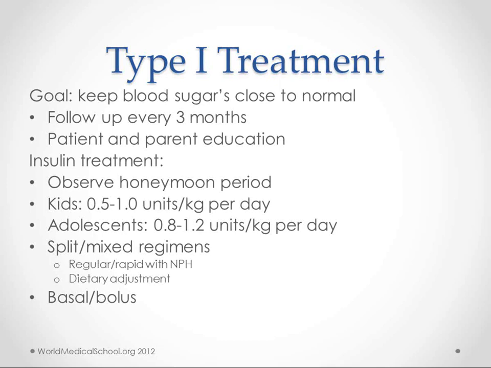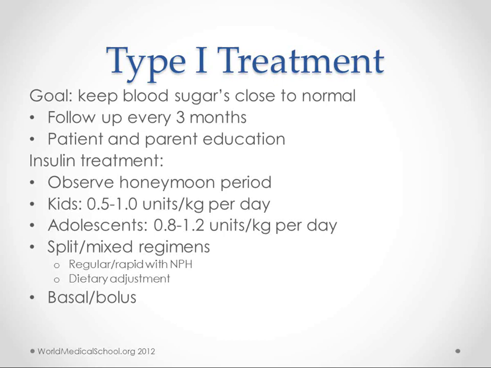And during that period, they're going to be using less insulin. But virtually all type 1 diabetics will lose all pancreatic function at some point. So this honeymoon period will end, and you're going to have to change your dose. Kids get 0.5 to 1 unit per kilogram per day.